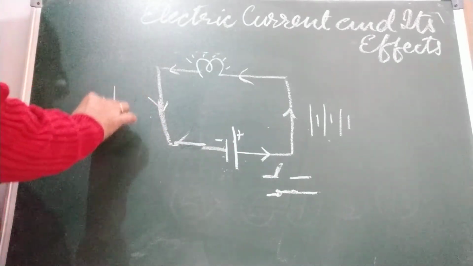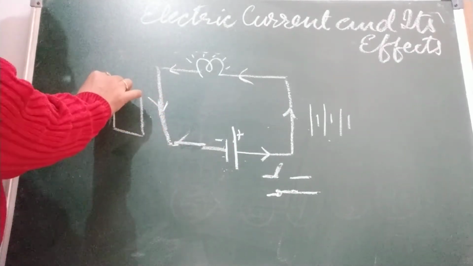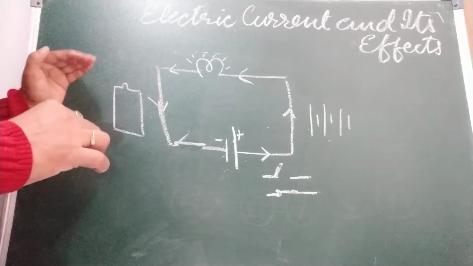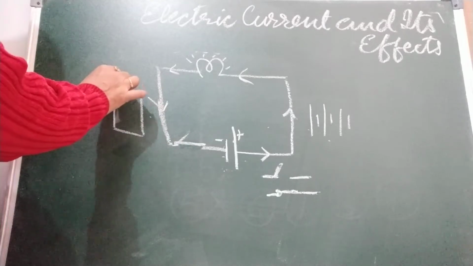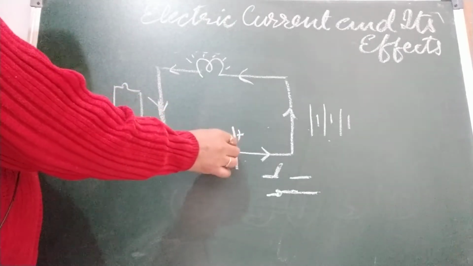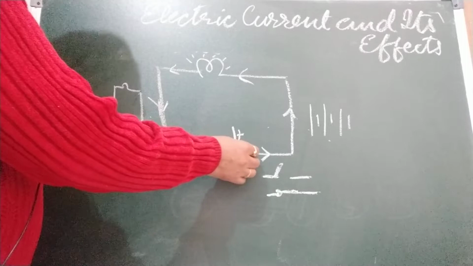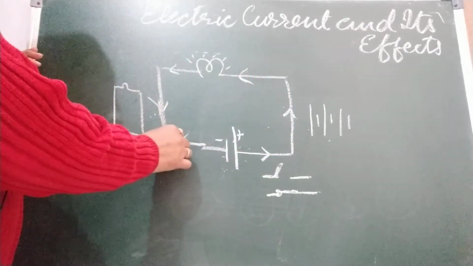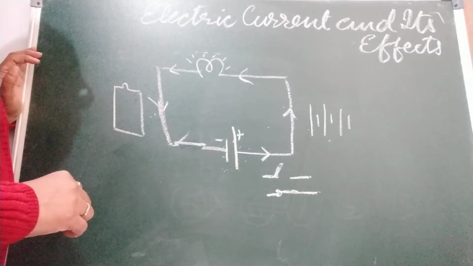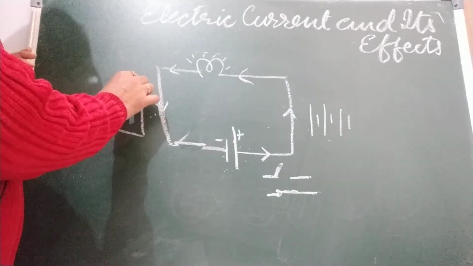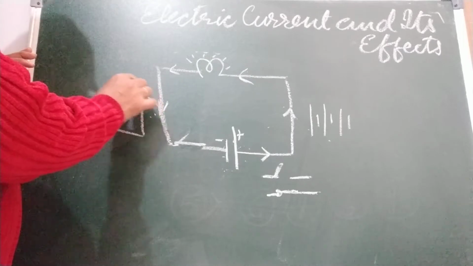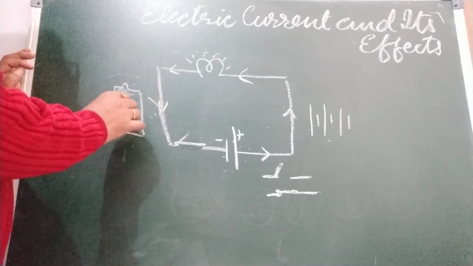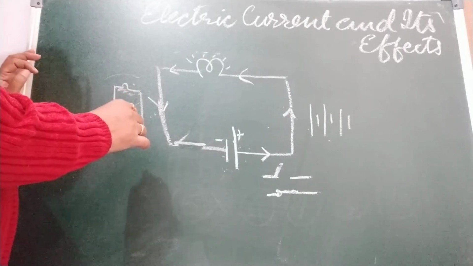Like we have a cell. We have a cell and accumulation of charges. What is the movement? Just as you are seeing, from the positive side the current is moving and it is going to the negative side. So accumulation of negative charges is more on this side, because chemical is filled in this and that produces charges.